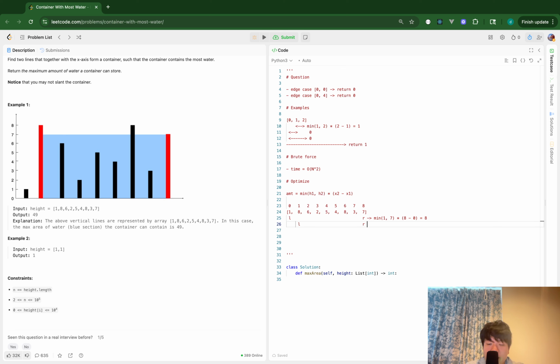So the second, min(8, 7) times (8 minus 1), should be 49. So even though x2 minus x1 decreased, min(h1, h2) increased. So in total, the amount increased.